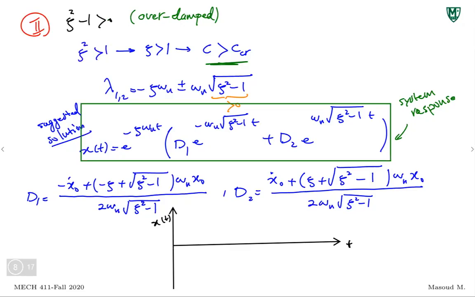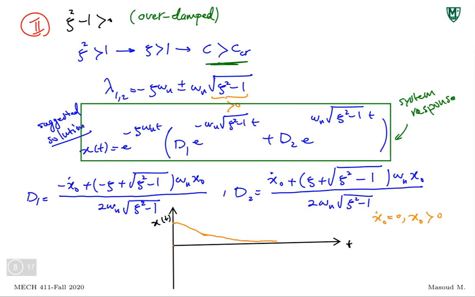The first one I did, I said, let's say x naught dot is 0, so initial velocity is 0, and x naught is greater than 0. So velocity is 0, meaning the slope should be 0. X naught is greater than 0, so I'm above this horizontal line somewhere here. All right, this system response looks kind of like this.